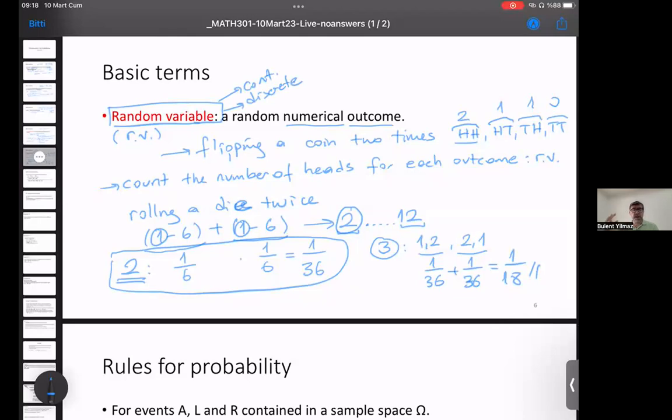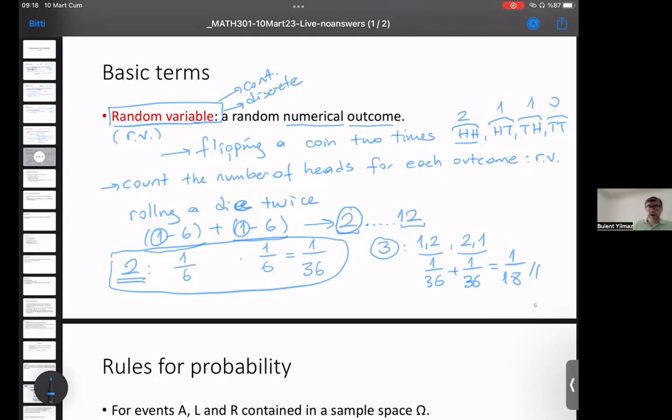For continuous random variables, the probability might be any number that we might have, but for discrete random variables, we will have discrete outcomes and discrete probabilities for each outcome.